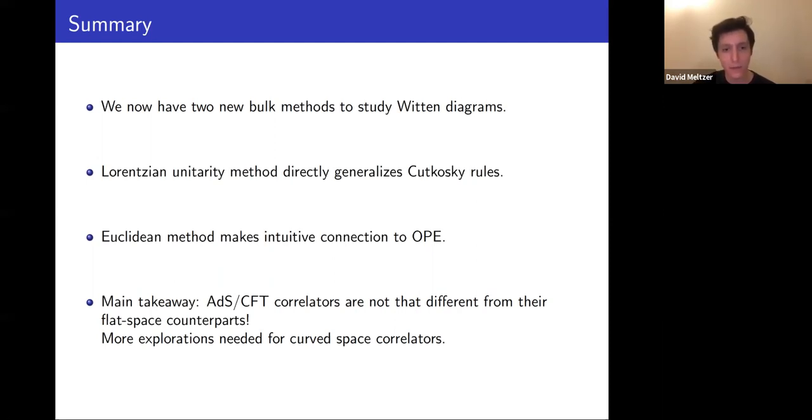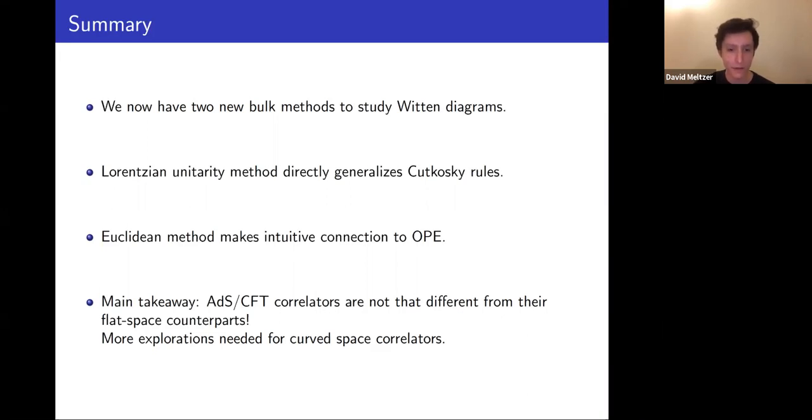And we have the Euclidean method, which makes a connection to the OPE and most of the earlier work done on AdS/CFT unitarity. And I think the main takeaway here is that AdS/CFT correlators really aren't that different from their flat space counterparts. We use a set of ingredients everyone is familiar with, the Schwinger-Keldysh formalism, the largest time equation. We can just recycle all our flat space knowledge into AdS.